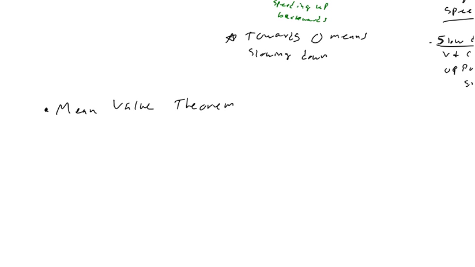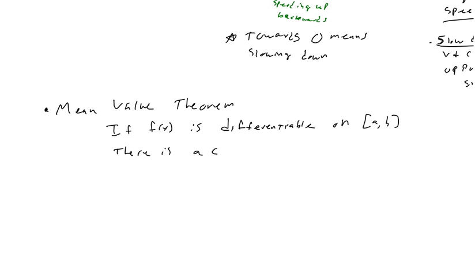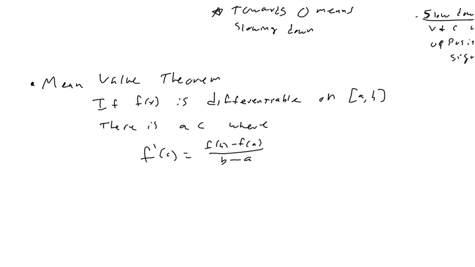And basically it says if f of x is differentiable on a to b, there is a c where f prime of c equals f of b minus f of a over b minus a. So this is our mean value theorem.